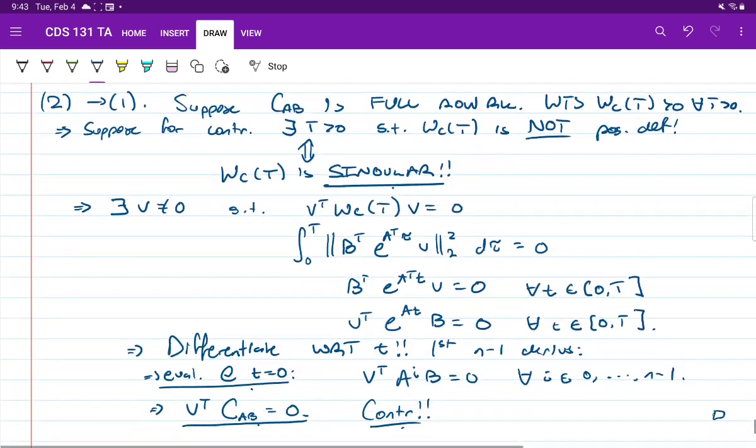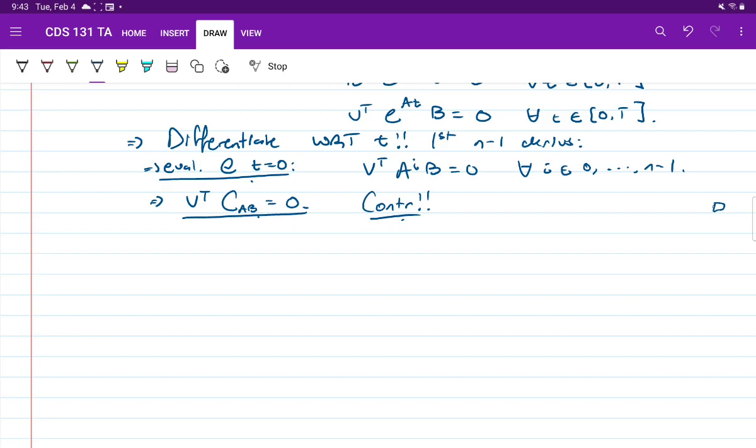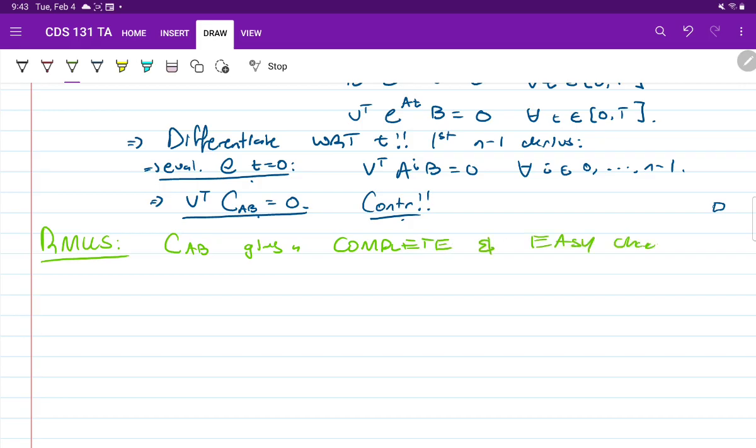So what we've just shown is that this controllability matrix, so let's state some remarks. The controllability matrix gives a complete and easy characterization of controllability. Okay? As long as this matrix is full rank, we're guaranteed to have A, B as a controllable pair for our system.